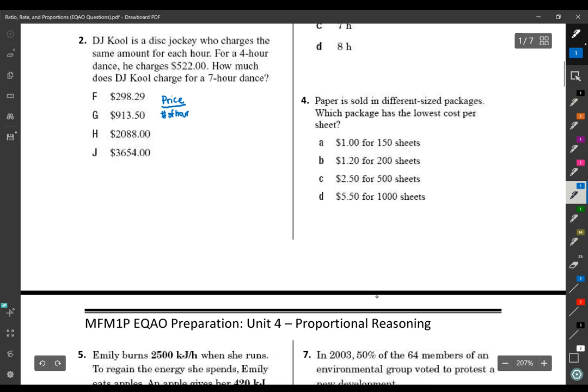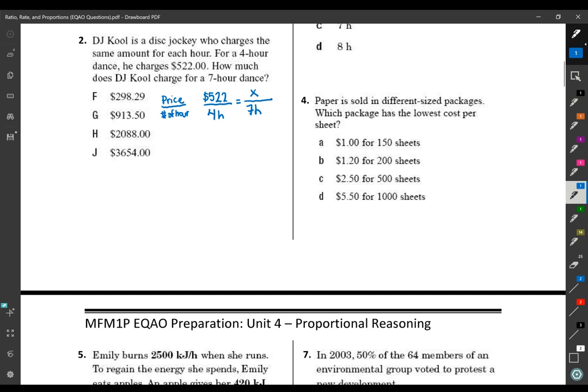So I know that he charges $522, and that's for 4 hours, okay? Now, what I want to know is how much he charges for 7 hours. But I don't know, so I put an X to solve.